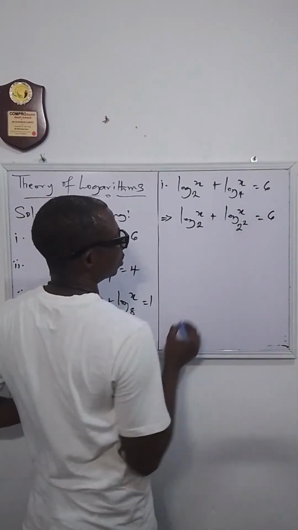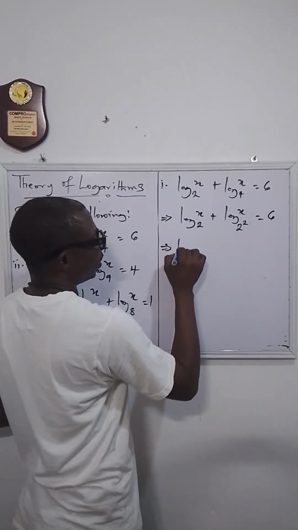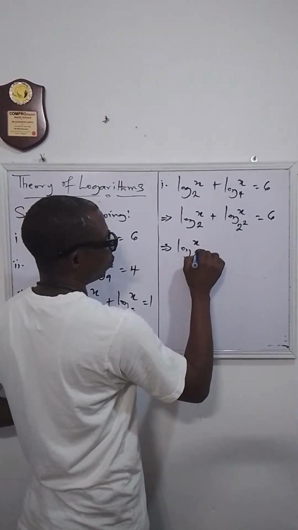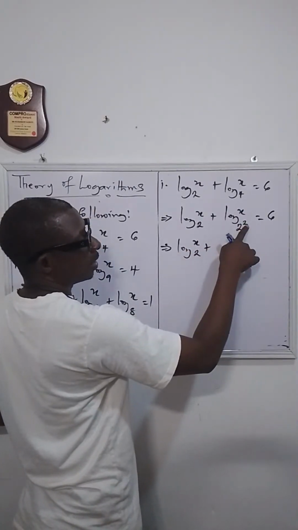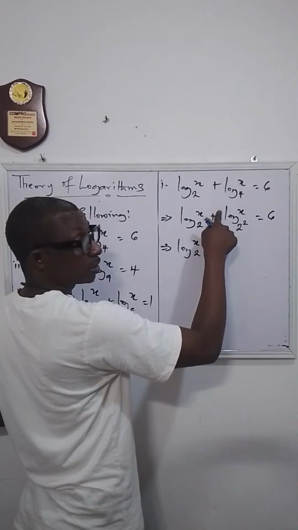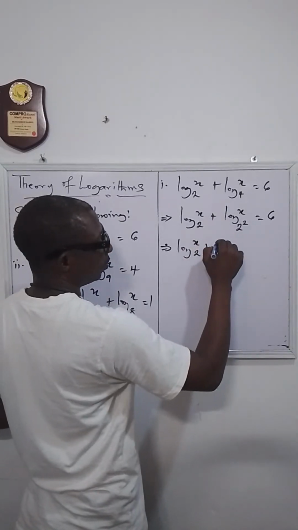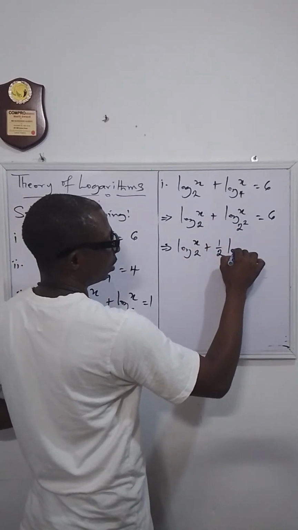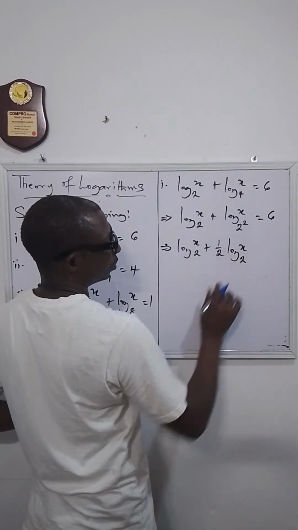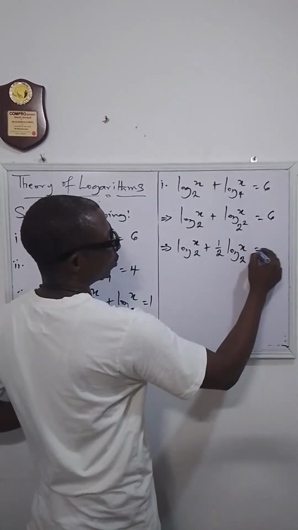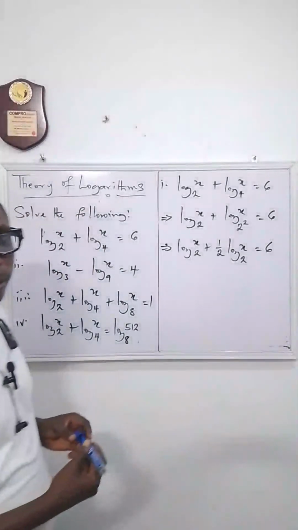So equals 6. That implies log of x base 2 plus, now the power comes here, so you just flip the power. That's going to give you 1 over 2 log of x base 2, equals 6.